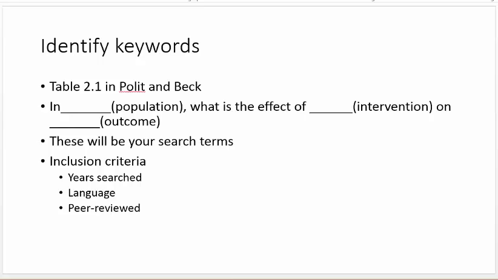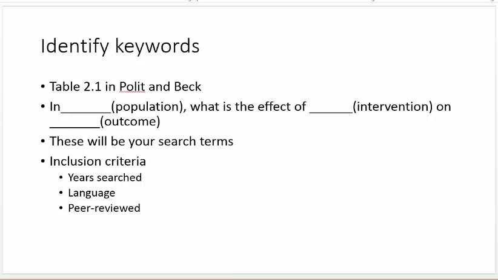So really the first step for getting your evidence is to be able to come up with a few keywords that you can go into some databases. The databases are just search engines that will look through thousands of articles for these words that you enter into the database and bring up articles that have these words in them.